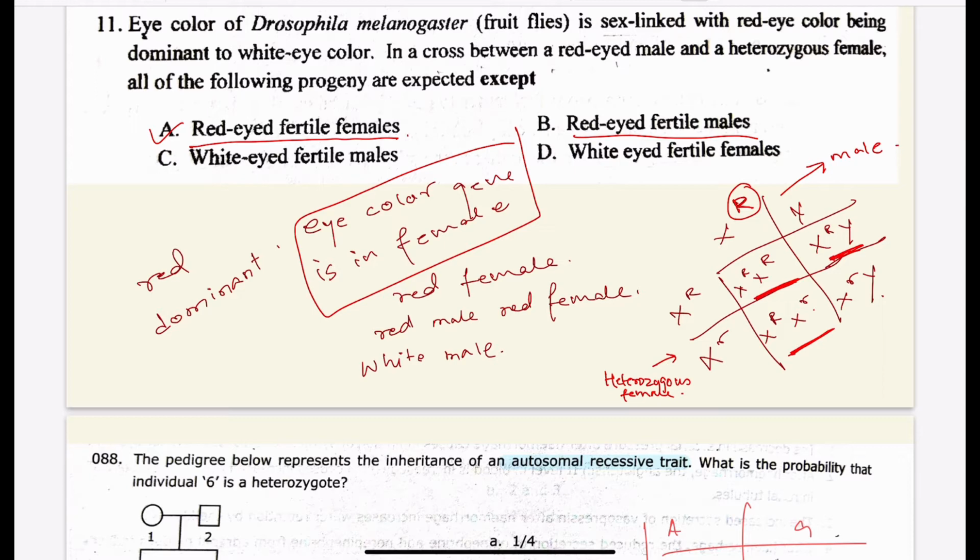And next another one is X^r allele and Y, so here it's a male, which will be white-eyed, because the small r allele is present, so it will be a white-eyed fertile male. So that's option number C. So the option which is not present is a white-eyed fertile female, which cannot happen. So our answer is number D.